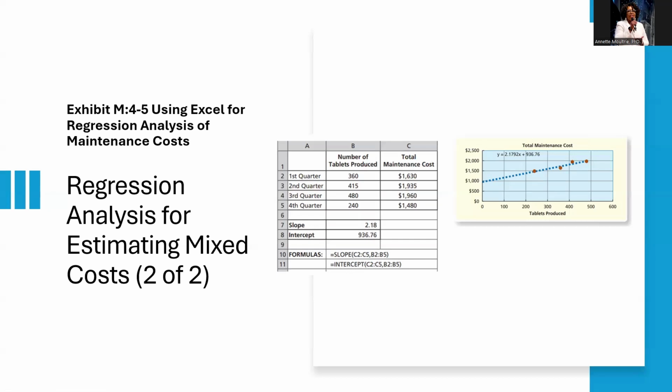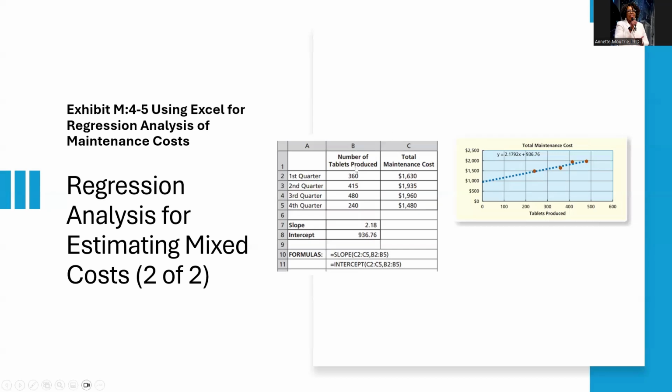Whereas in column C, C2 through C5, they are known as your what? Y-axis amount, which are costs.